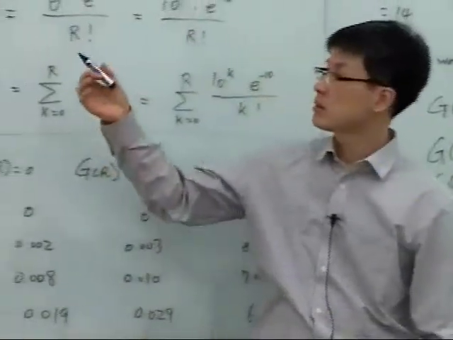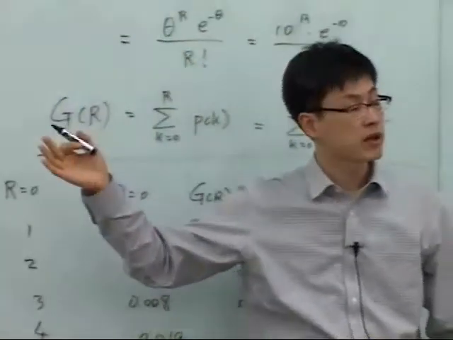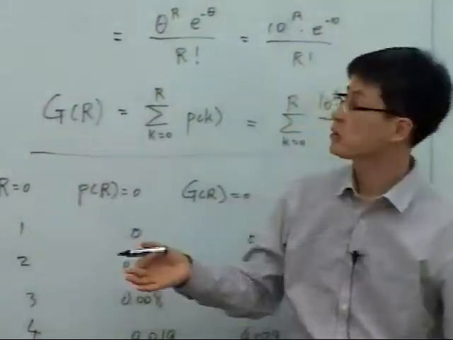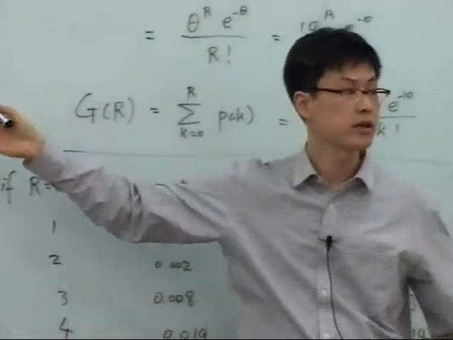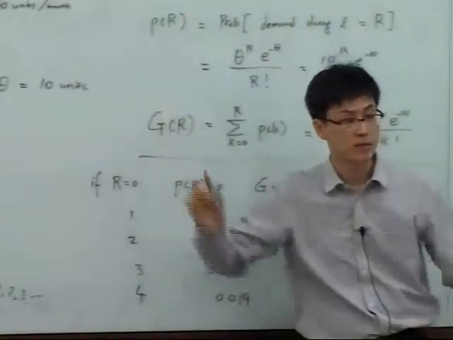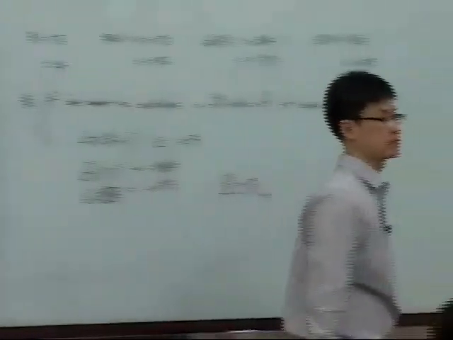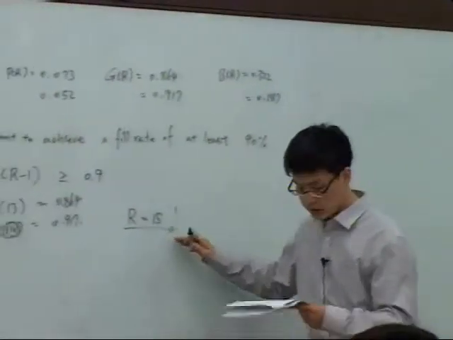Provided that the random demand follows a Poisson distribution with a mean value of 10 units, we've calculated this.